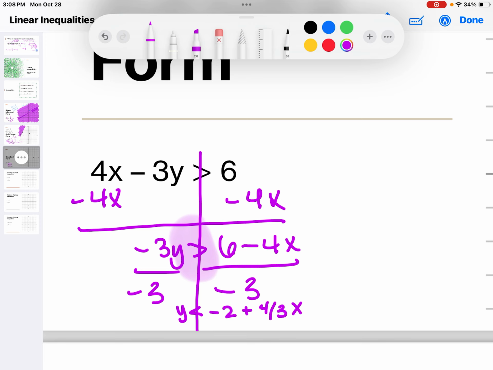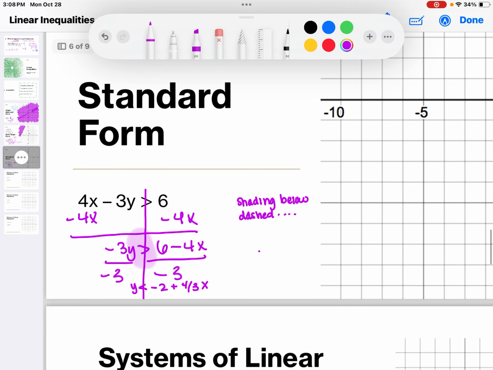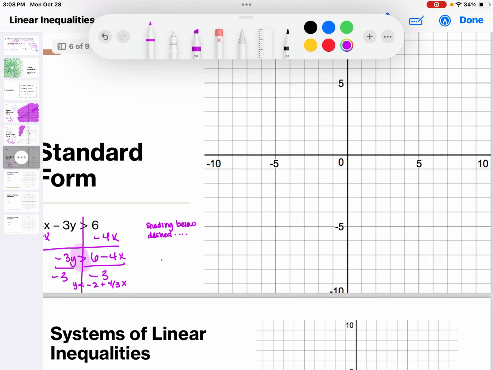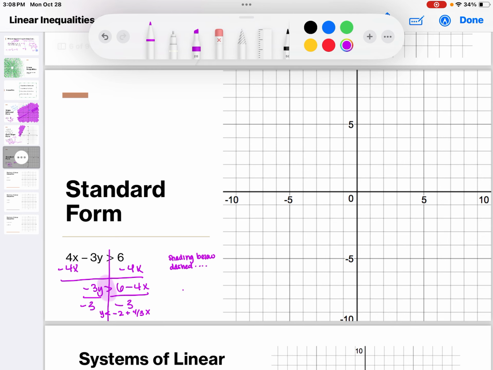That is why we need to change it to y equals mx plus b form. So we're actually going to be shading below the line, and this will be a dashed line. All right, so let's graph it. Pause it, and graph it, okay? So the y-intercept is at negative 2. The slope is positive 4/3, so up 4 over 3.